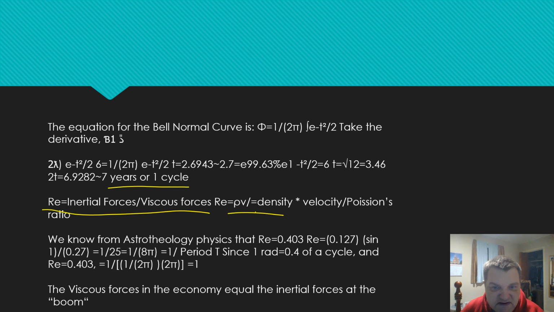Reynolds number is equal to the density, which is 0.127 or 4 over pi, times the sine of 1 divided by the Poisson's ratio, which should be 0.26, which is equal to 1 over 25, is equal to 1 over 8 pi, which is equal to 1 over the period. Since 1 radian is 40% of a cycle, 0.4, and Reynolds number is 0.43, then it's equal to 1. Viscous forces in the economy are equal to the inertial forces of the boom.